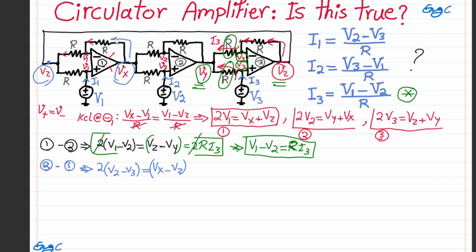Whatever current flows this way, which is the same as I1, for the same reasons that I discussed, that current is going through the series of R and R to generate Vx minus Vz. So Vx minus Vz is 2 times R times I1. Again, 2 cancels out from both sides, and as a result, we get V2 minus V3 equal to R I1. Exactly the same, one of the three equations I was chasing, this one.